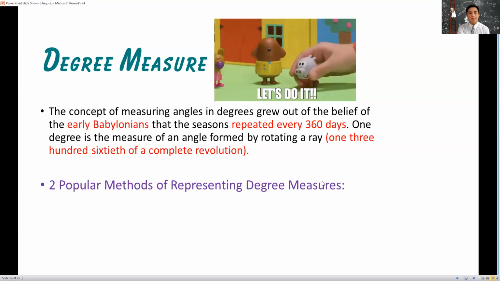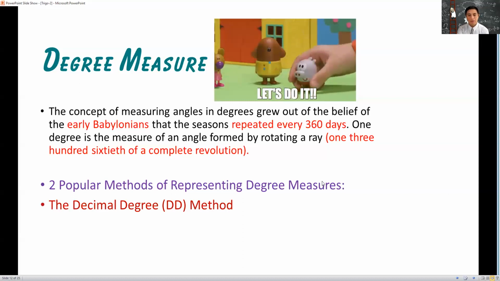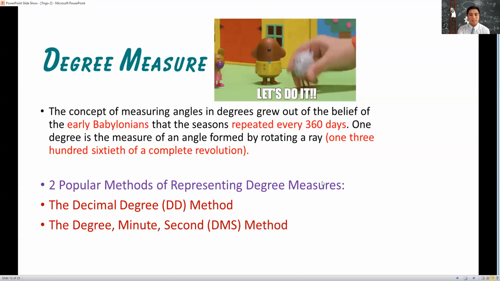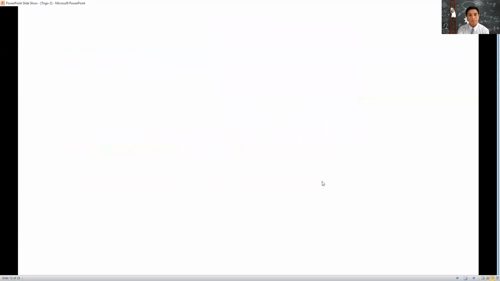And there are two popular methods of representing degree measures. Those are the decimal degree method, or DD, and the degree minute second method, or DMS. Remember the acronyms. DD means decimal degree, DMS means degree minute second.